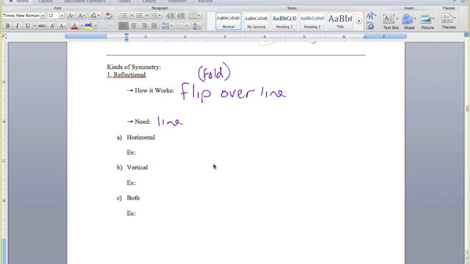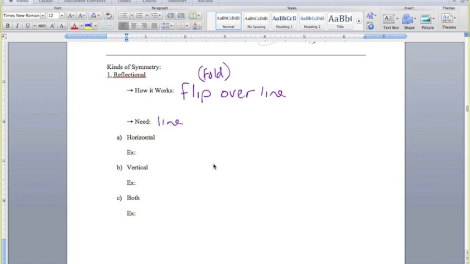For a horizontal, we would be drawing a straight across horizontal line, and if I fold or flip over that line, the two pieces should be the same. So for a horizontal, we'd be looking for the top to exactly match the bottom. For a vertical line symmetry, we'd want to draw a vertical line right down the middle of the figure, and the left and the right should then be matching pieces.